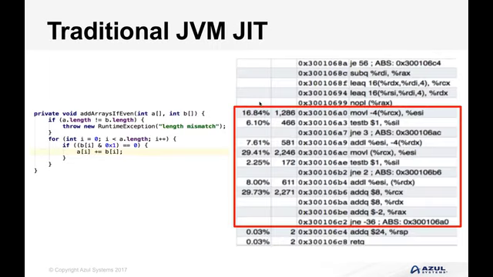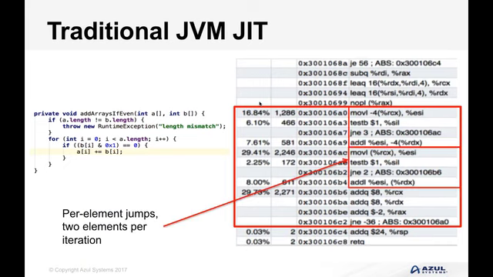So we look at, again, a little example of code here. I'm not going to go into huge detail, but this is the kind of machine instructions that are generated by a typical JVM JIT. There's a block of code here which relates to part of the code that's being executed for this method. If you drill into a little bit more detail, without going into the real nitty-gritty, you find that there are actually two elements being processed each time.